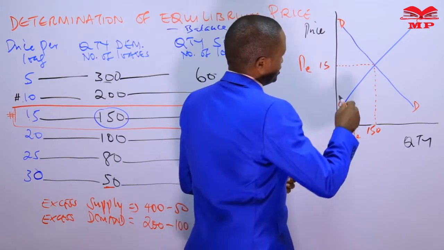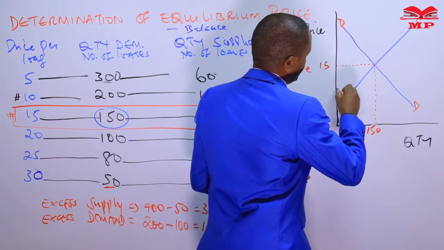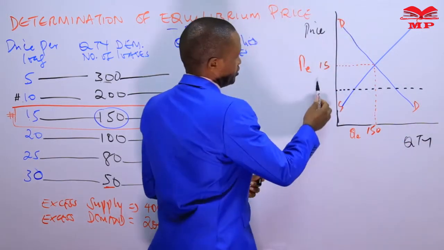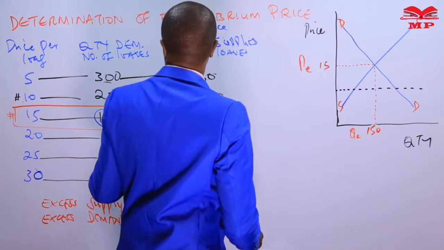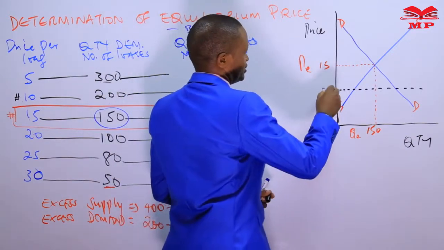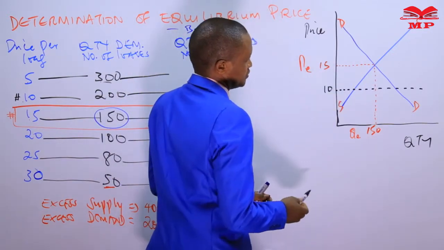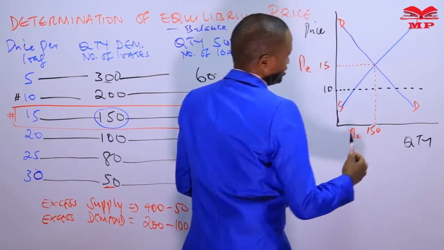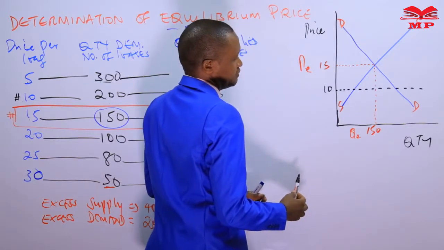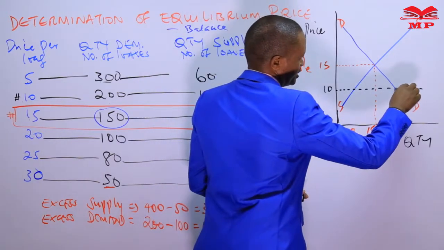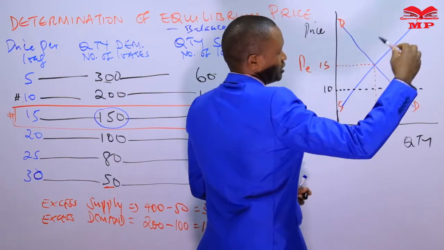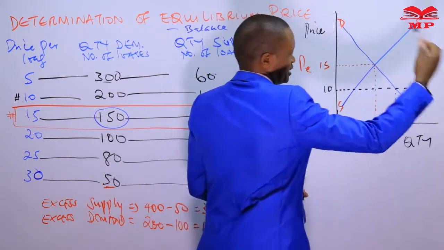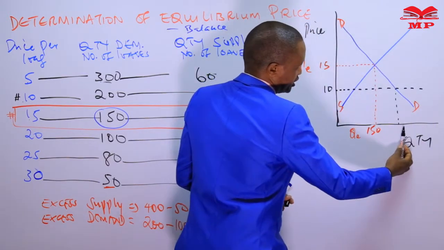When the price is low, say at 10 shillings, which is a lower figure or price, you see the demand goes up, because the lower the price, the higher the demand. You see here the demand goes up.